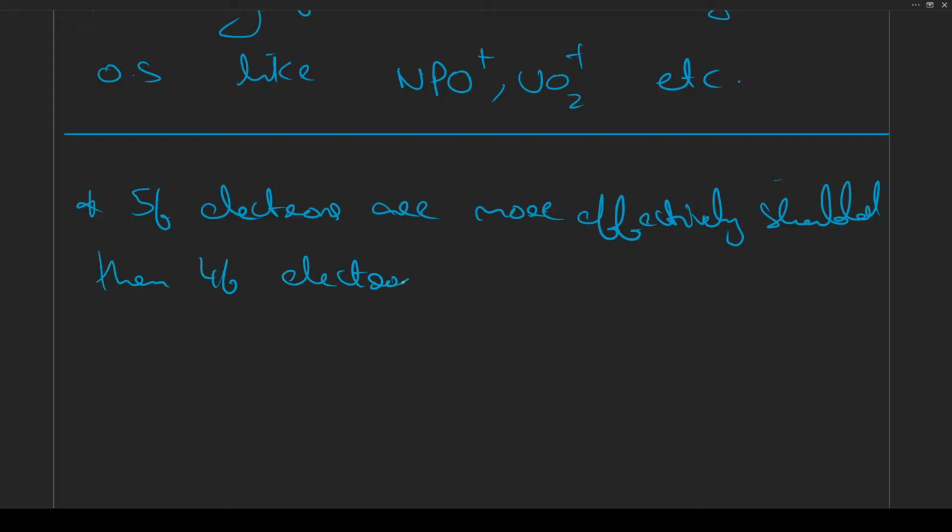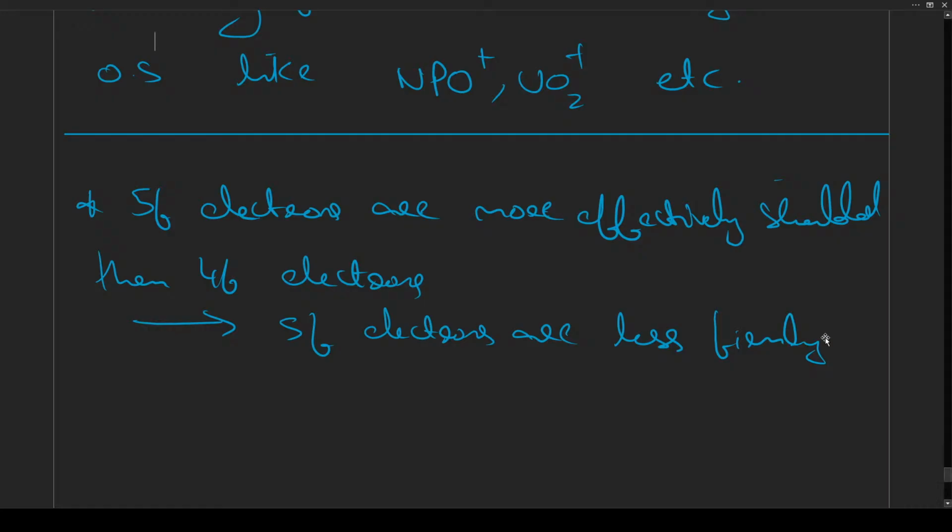This is a point. Why? Because 5f electrons are outside and are less firmly held, and available for bonding.